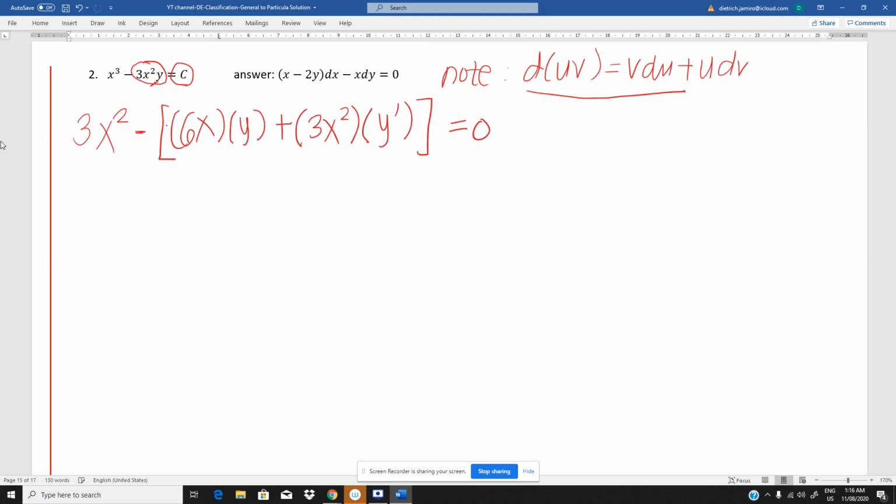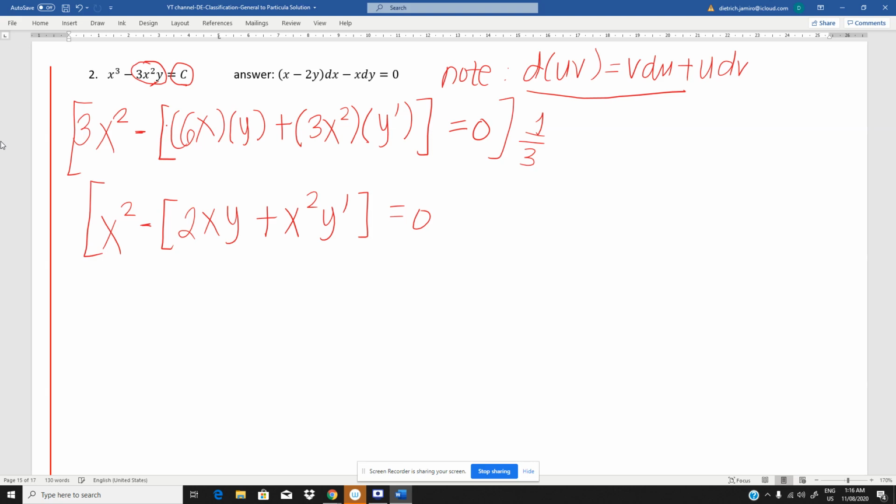As you can see, all of the terms are divisible by 3, so we can multiply all of it by 1 over 3. So we will have x squared minus the quantity 2xy plus x squared y prime is equal to 0. It is also divisible by x, so we multiply the whole equation by 1 over x.